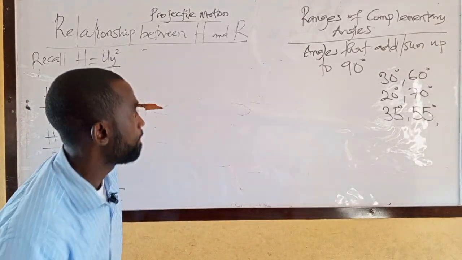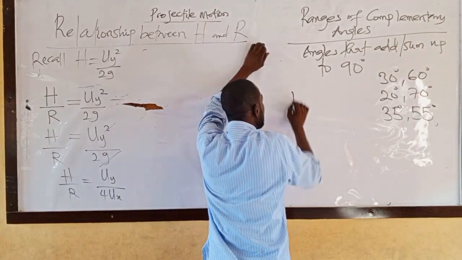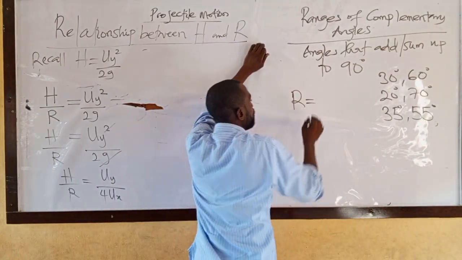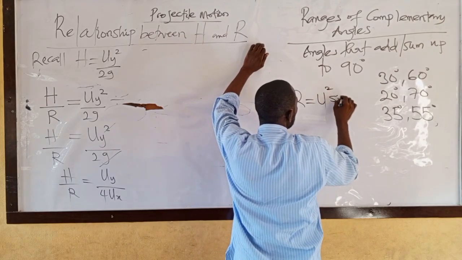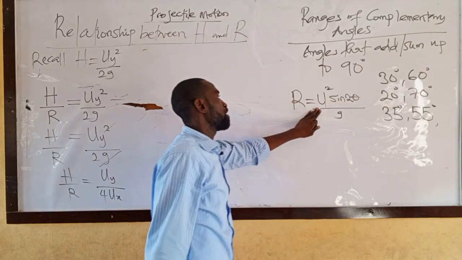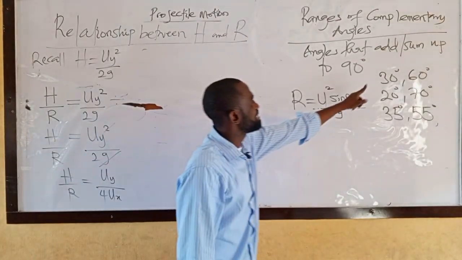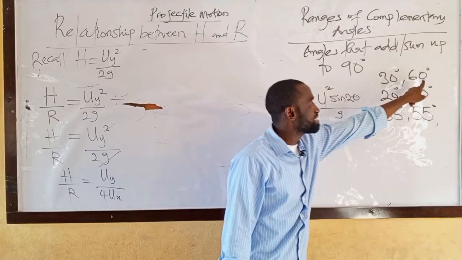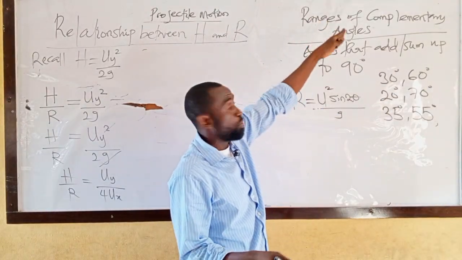Now recall that range is equal to U squared sine 2 theta all over g. Let us assume we want to use 30 and 60 as a case study, before I give you the facts under range of complementary angles.